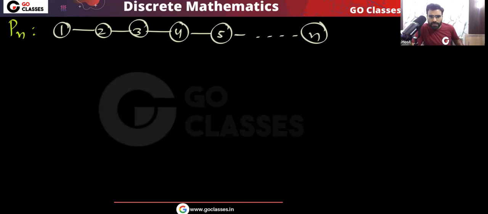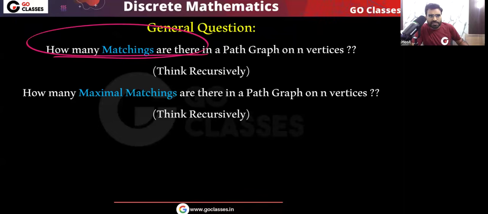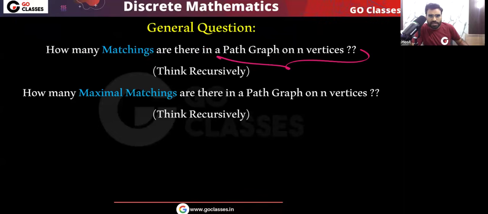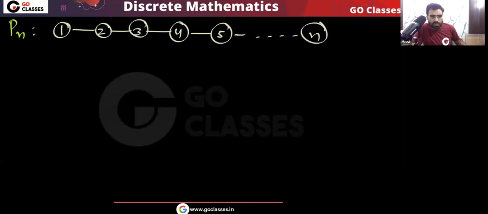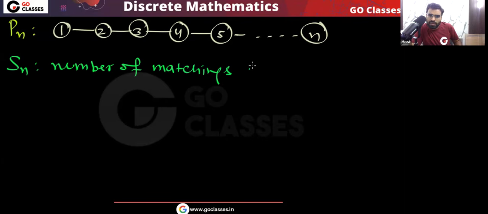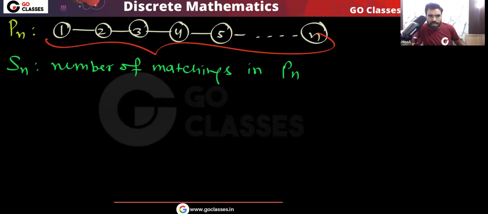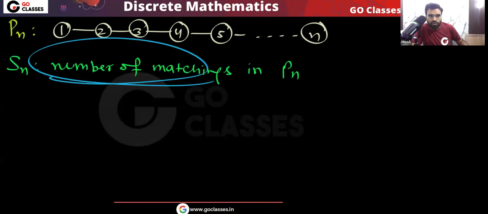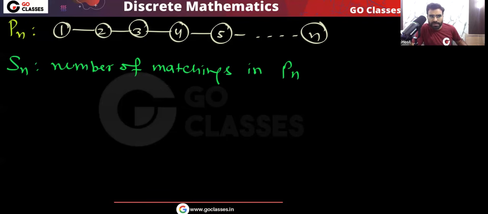We need to find the number of matchings in this path graph Pn. So let's assume that Sn is the number of matchings in Pn, the path graph on n vertices.